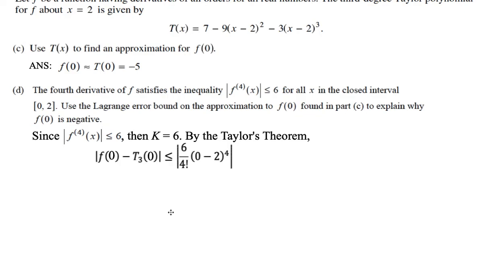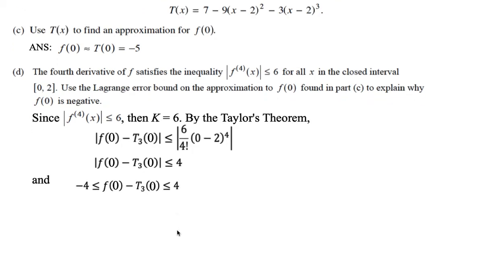By Taylor's theorem, we can say that the absolute value of f of 0 minus the third degree Taylor polynomial at 0 is less than or equal to 6 over 4 factorial times (x minus 2) to the fourth. Simplifying then, we find that the difference between the function at 0 and the third degree Taylor polynomial at 0 must be less than or equal to 4.